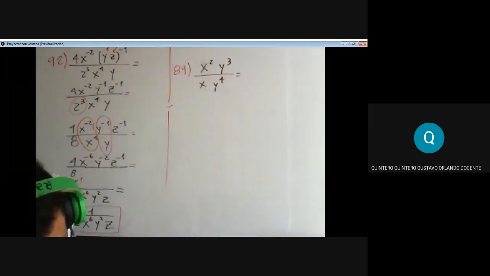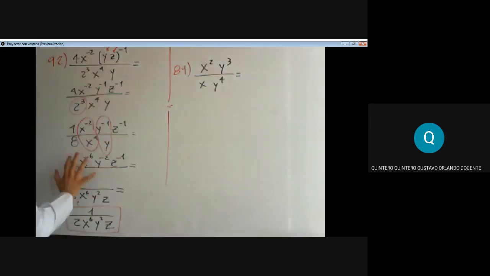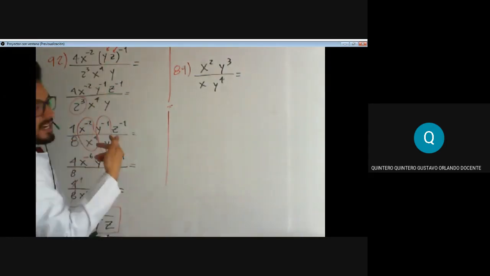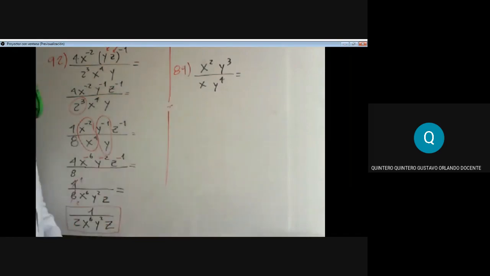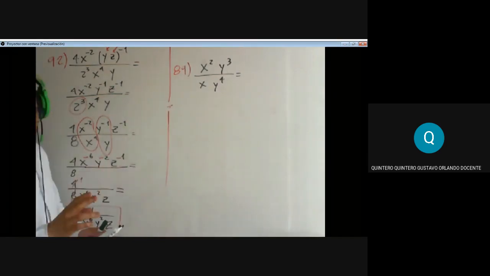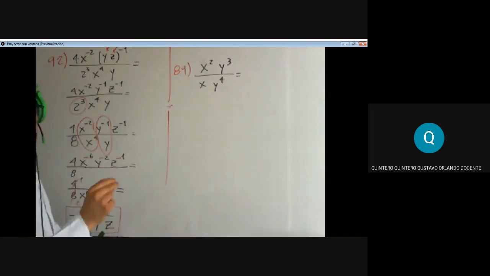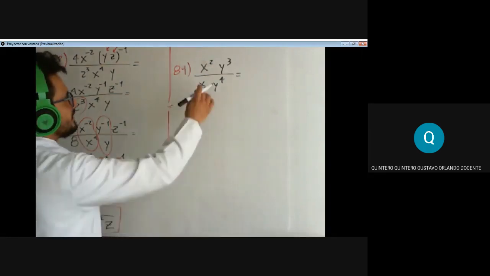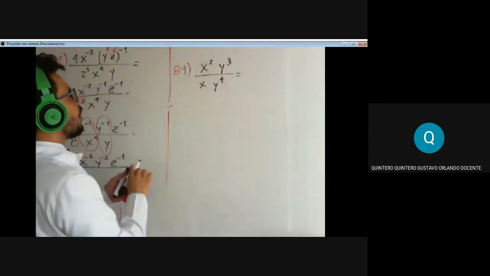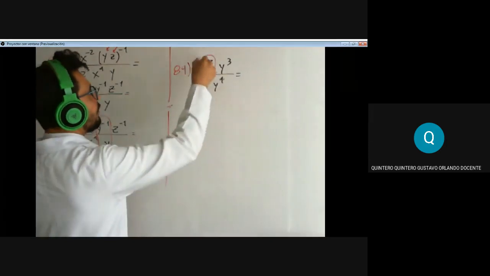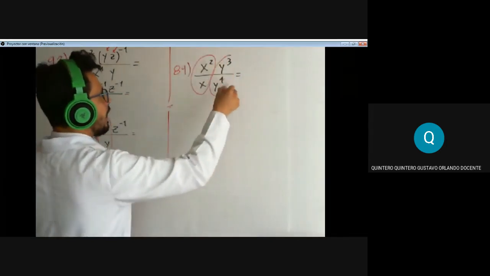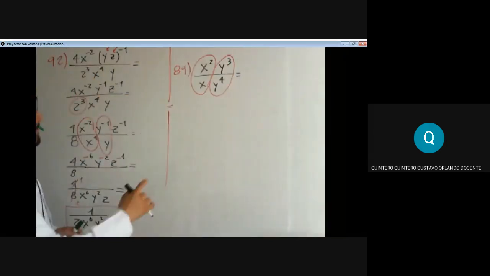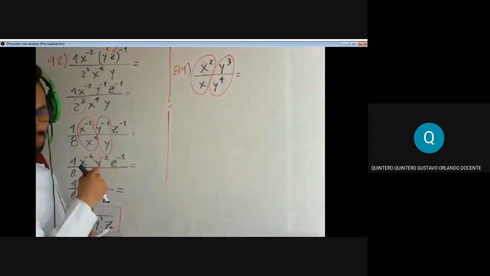I'm going to do it real fast, because I feel like with this exercise, maybe you kind of have the idea to do 89. So I'm going to do it nonetheless, but a little bit faster. We're going to do groups of divisions that we can do. X to the 2 and x, those can be divided.